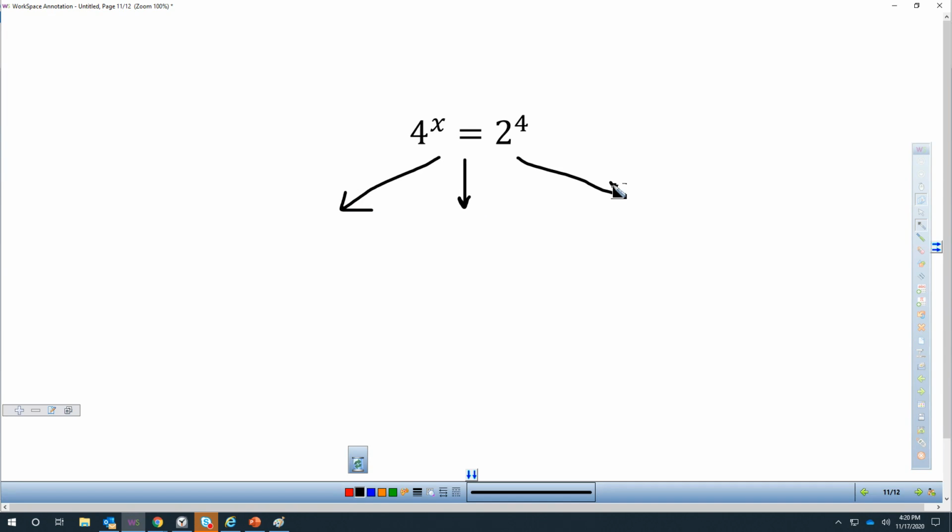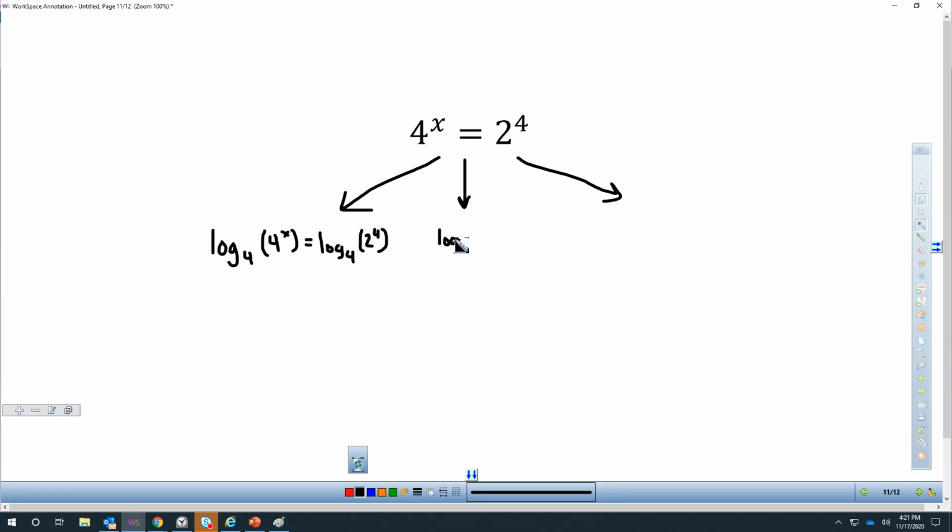The first version, I'm going to take log base 4 of both sides. So log base 4 of 4 to the x equals log base 4 of 2 to the 4th power. In the middle one, I'm going to take log base 2.